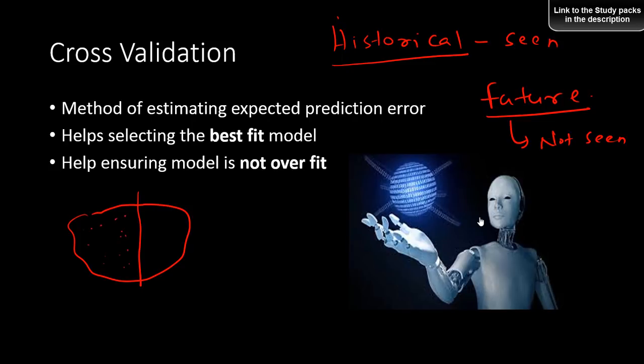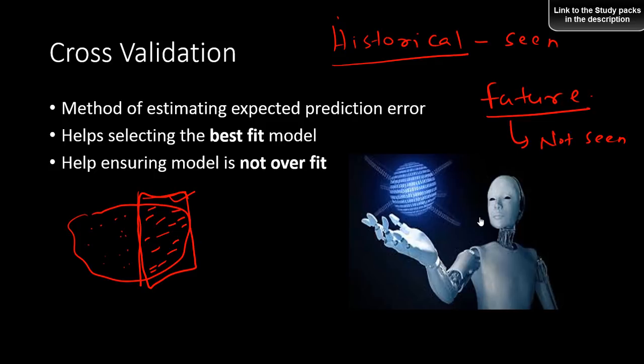We do not show the second portion of the data to the model or the algorithm, and we assume that this second portion, which is not used in model building, is going to be very similar to the future data. If the model works well there, then the model is expected to do well in future as well. So that's the idea: to ensure that the model works well on a completely new data set.